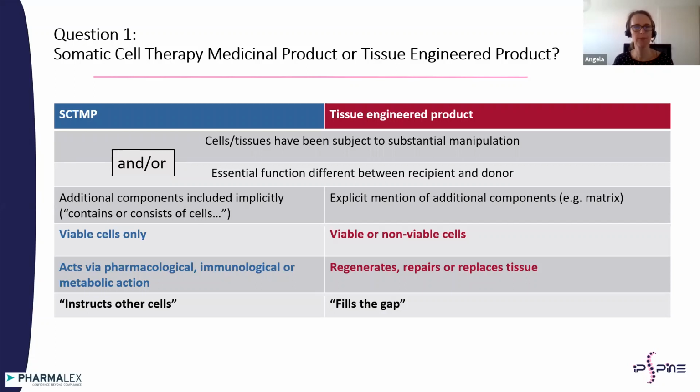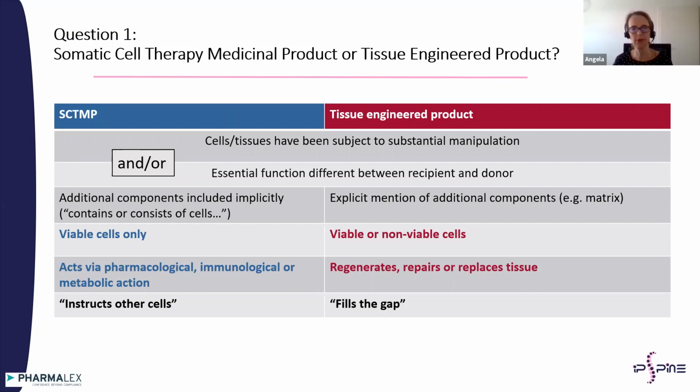So this will be products which secrete factors to induce migration or differentiation of the patient's own tissue, which might reduce inflammatory conditions just by providing the correct cues to the patient. So this is really this instructive sort of role. The tissue engineered product, on the contrary, is the cure itself.